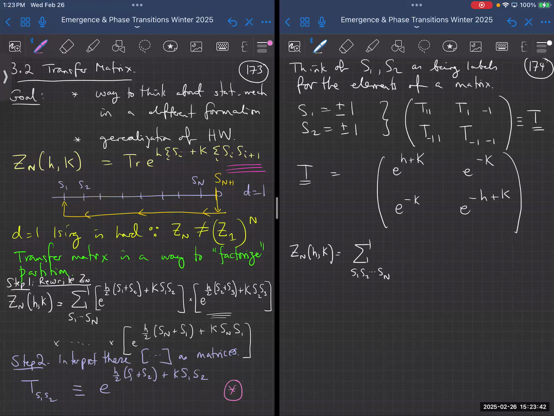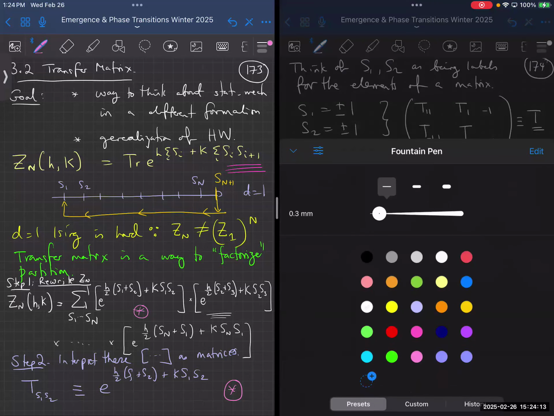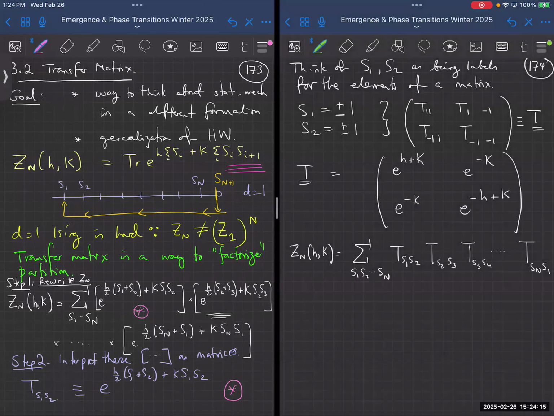The first term, looking on the left-hand side, is just T(S1, S2). The second term is T(S2, S3). The third term is T(S3, S4). And I keep on going. And then the last term is T(Sn, S1). Okay. So do you see that those are the matrix terms?